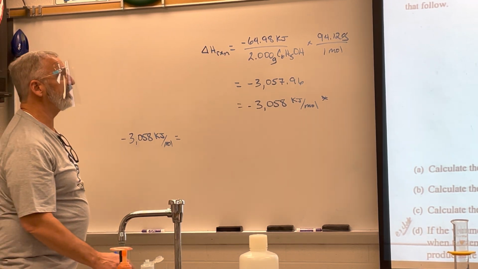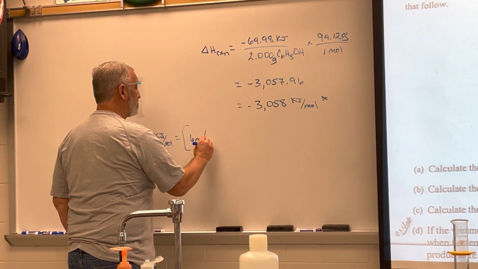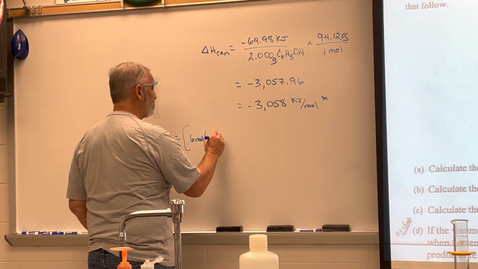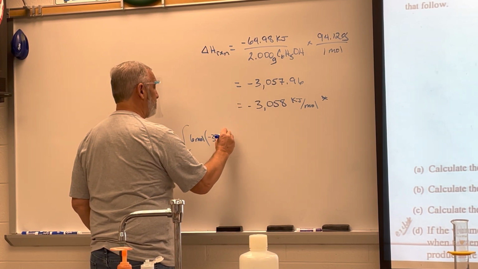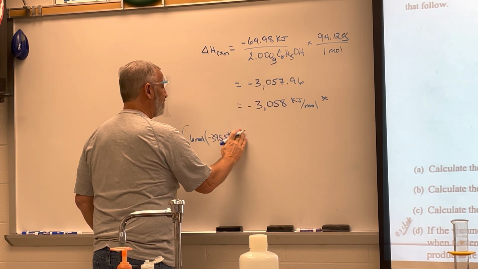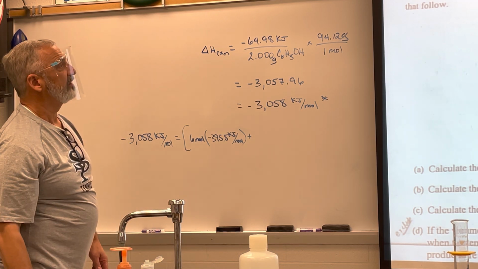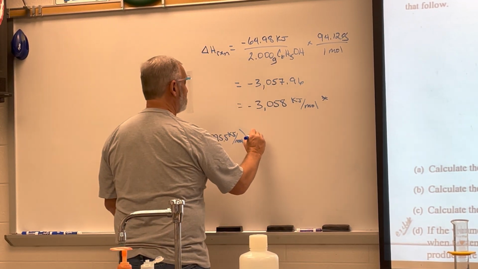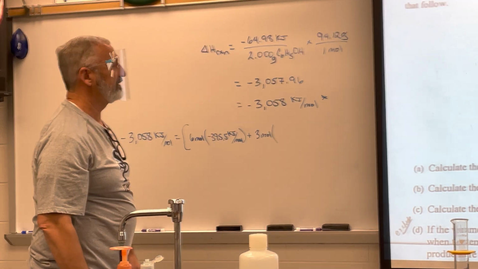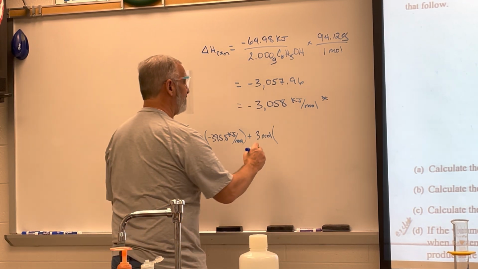So we're going to say 6 moles times CO2, negative 395.5 kilojoules per mole, plus 3 moles times water. Notice that they only give you liquid, negative 285.85.